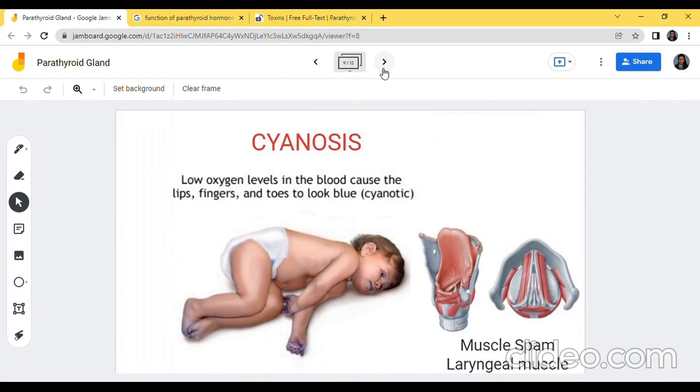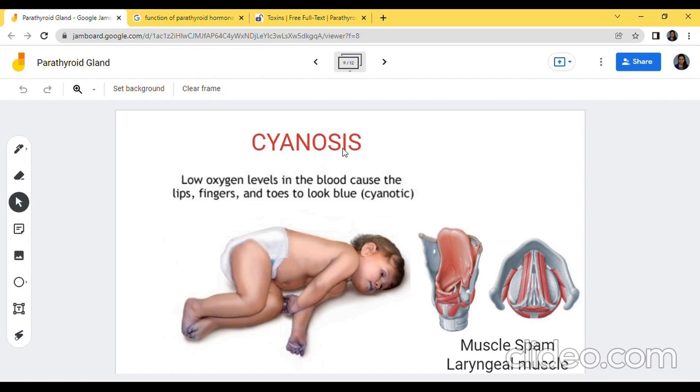Next we can see another disease condition, cyanosis, in infants and children. The muscular spasm of the laryngeal muscle is accompanied by the condition called cyanosis.